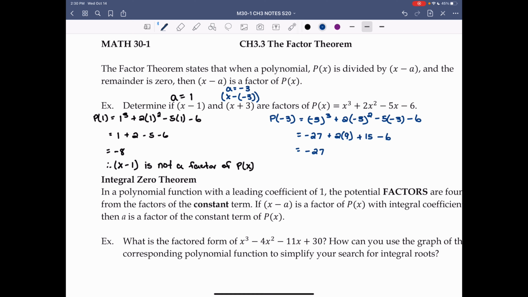Negative 27, plus 18, and then 15 take away 6 is 9, so plus 9. 18 plus 9 is 27, so we have negative 27 plus 27, which gives us 0. So our remainder is 0, which, according to the factor theorem, tells us that x plus 3 is a factor of p of x.